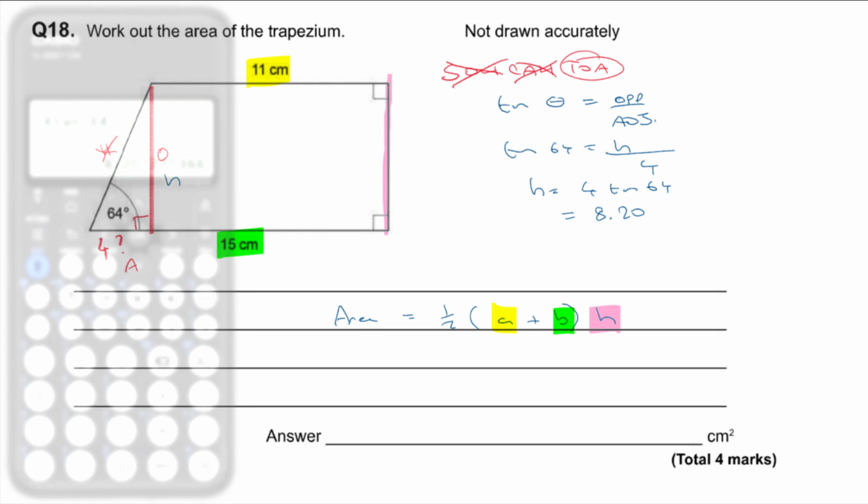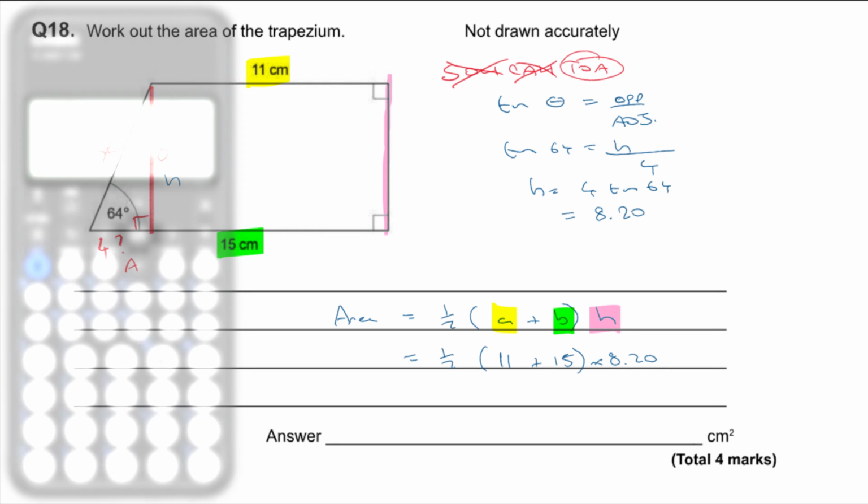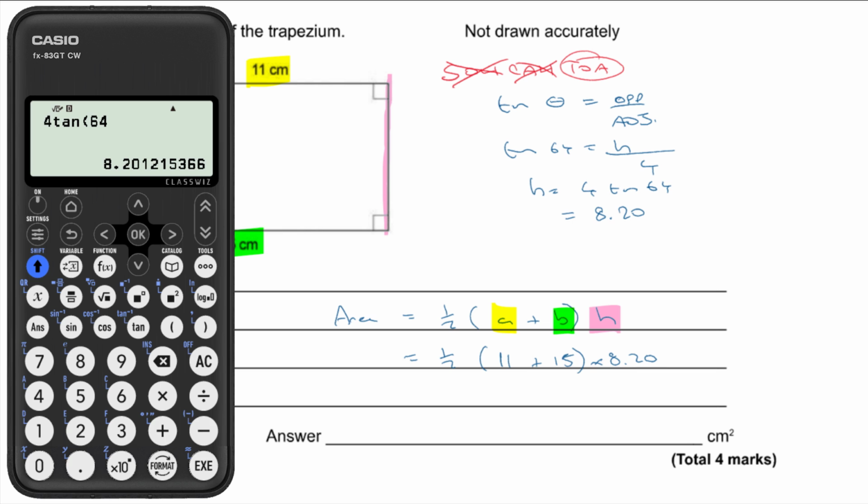Okay, so again, I'm going to retain that value in my calculator for my next calculation. Let's just sub in what I've got. I've got half times 11 plus 15 times 8.2, isn't it? I'm going to use my answer key to type that in at the end.